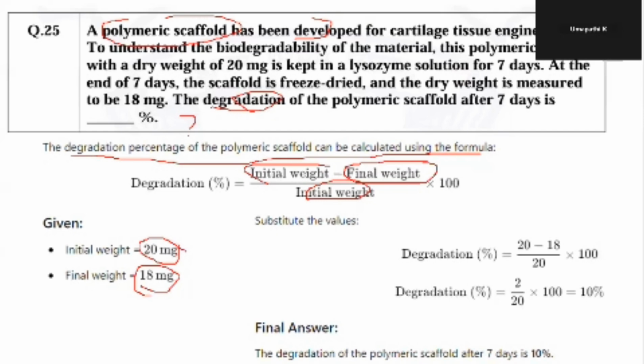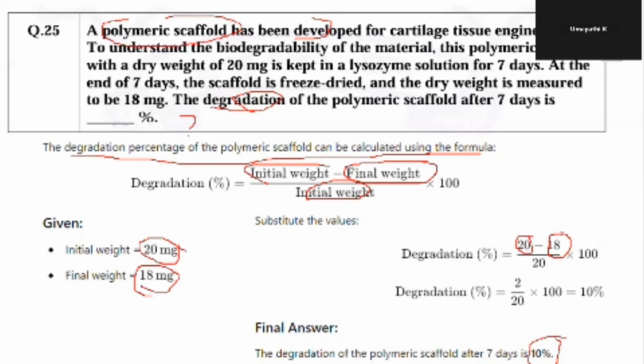Degradation is the initial weight 20 minus the final weight 18, divided by 20. So we get the answer of 10 percentage. The degradation of the polymeric scaffold after 7 days is 10 percentage.